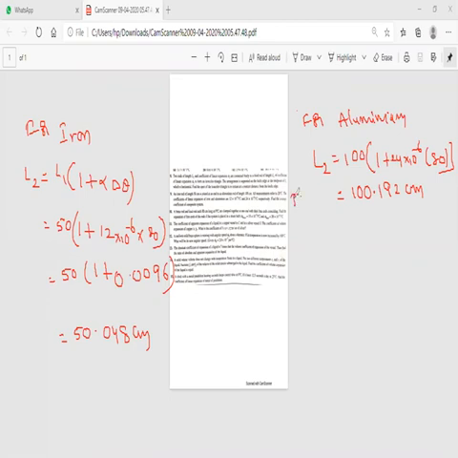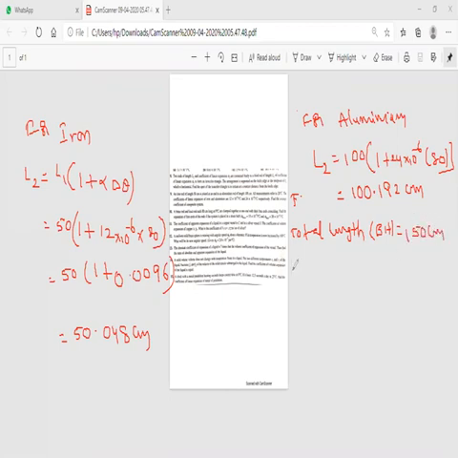And you can write here the total initial length. Total length of the composite rod before heating: before heating, how much will it be? 100 plus 50, both are given, 150 centimeters.